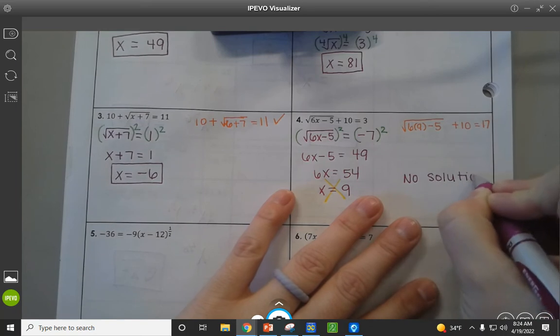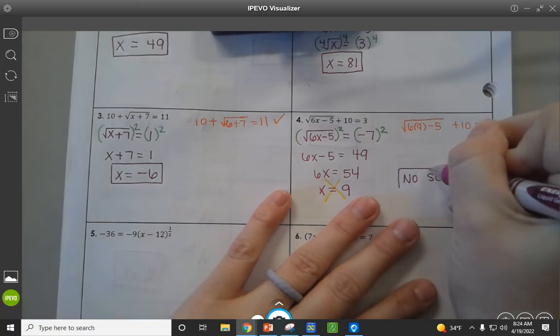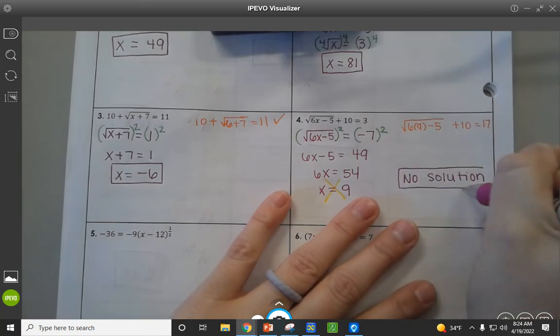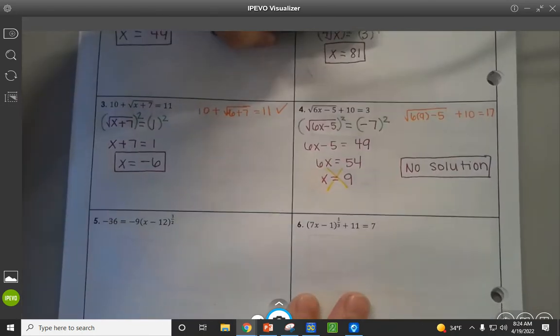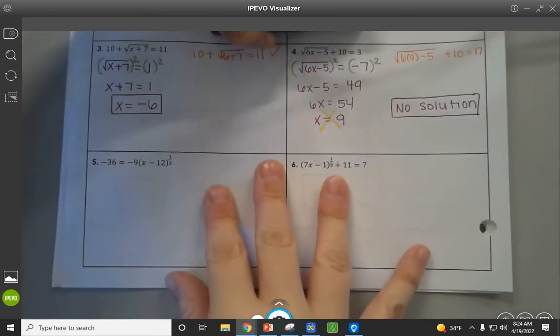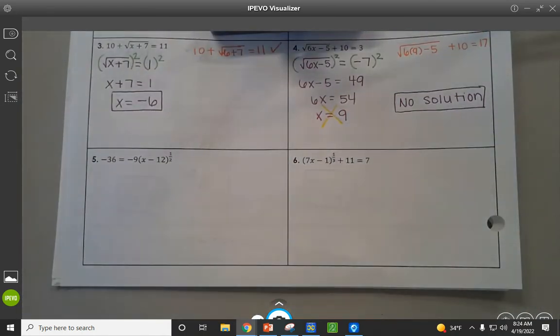Now this next one, I have a fraction as an exponent. So we know how to rewrite that as a radical. Negative 36 equals negative 9 square root of x minus 12. So a 1/2 exponent gives me a square root.